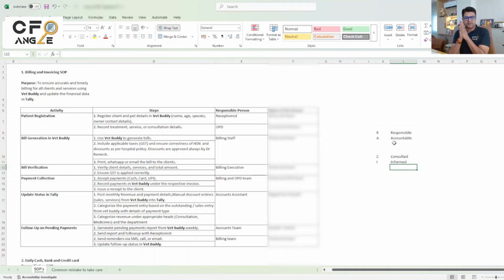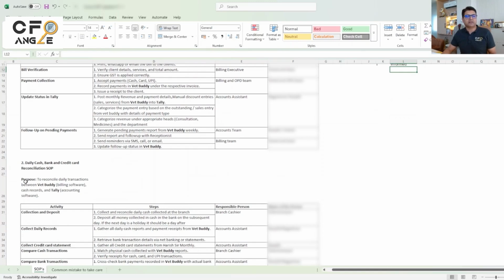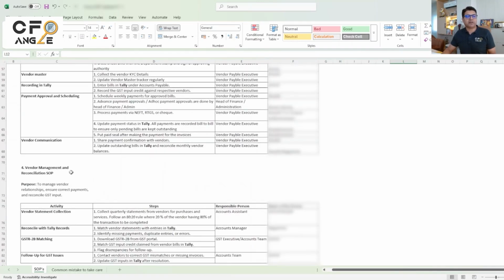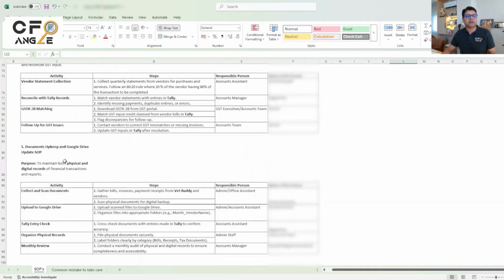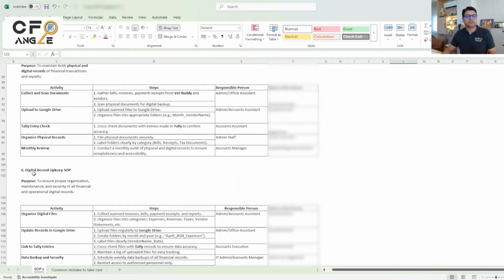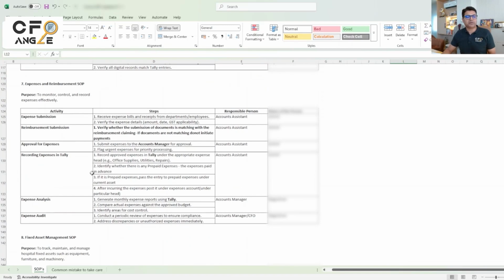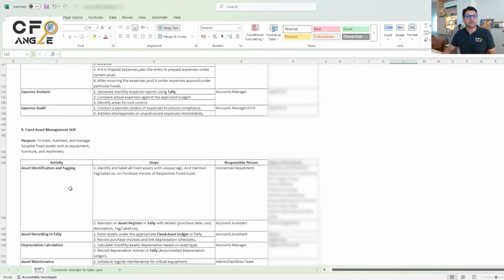So this customer is a veterinary hospital, and we have structured this into multiple SOPs. One is a billing and invoicing SOP. Then a daily cash, bank, credit card and reconciliation SOP, then an accounts payable SOP. Then we have a vendor management and reconciliation SOP, document upkeep and Google Drive update SOP, digital record upkeep SOP, expense and reimbursement SOP, and fixed asset management SOP.